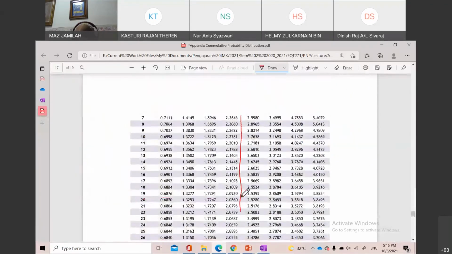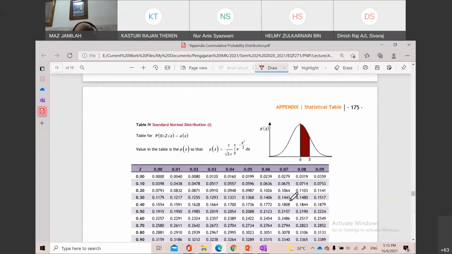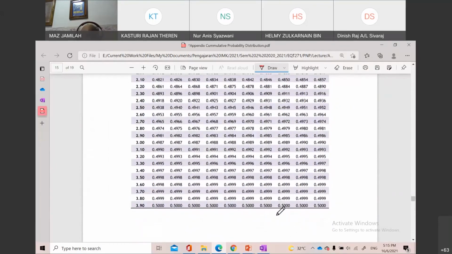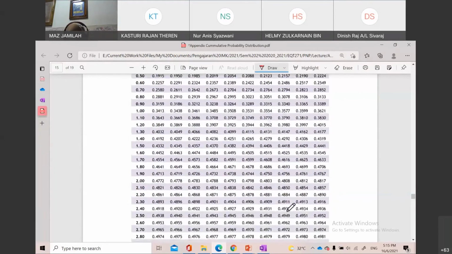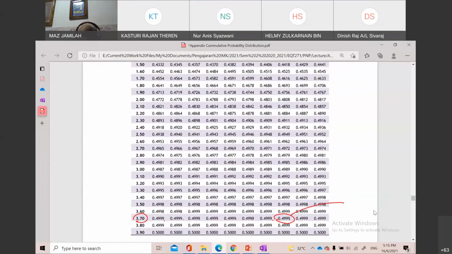We are looking for z equal to 3.77. So look for 3.77. Is this correct? Okay, so this one is for z equal to 3.77.